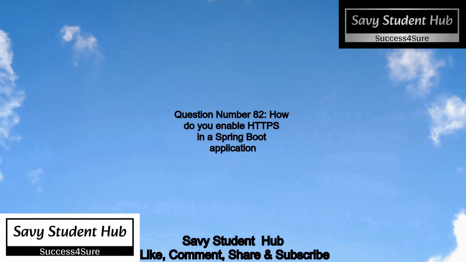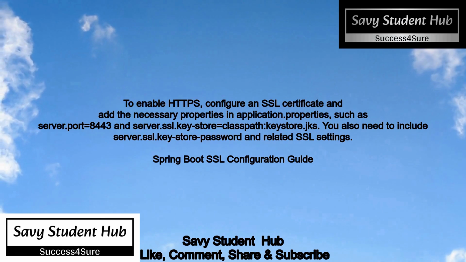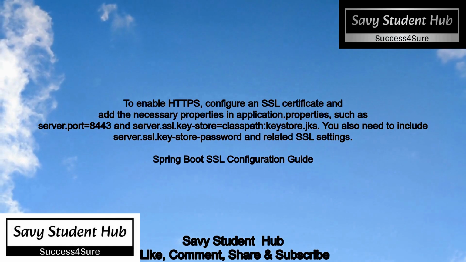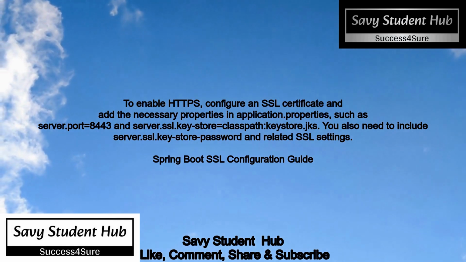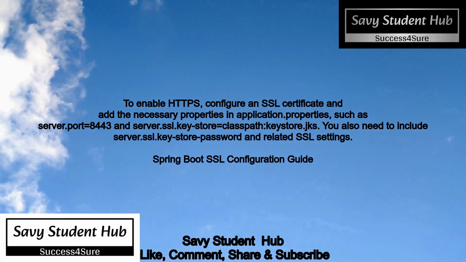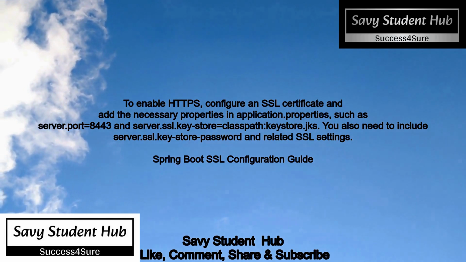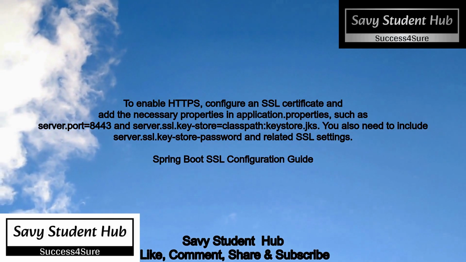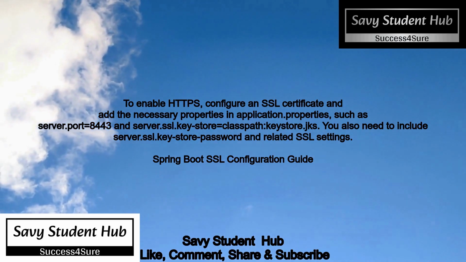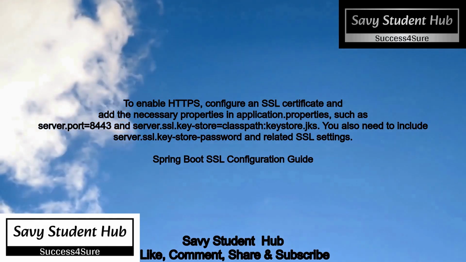To enable HTTPS, configure an SSL certificate and add the necessary properties in application.properties, such as server.port=8443 and server.ssl.keystore=classpath:keystore.jks. You also need to include server.ssl.key-store-password and related SSL settings.